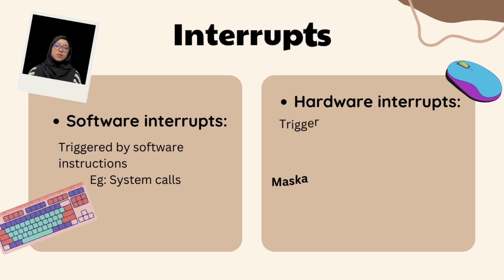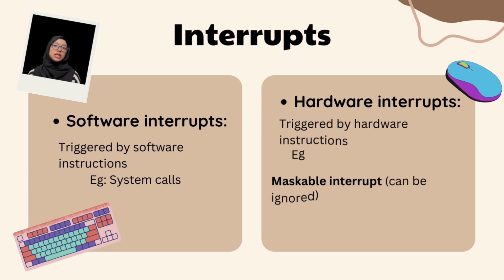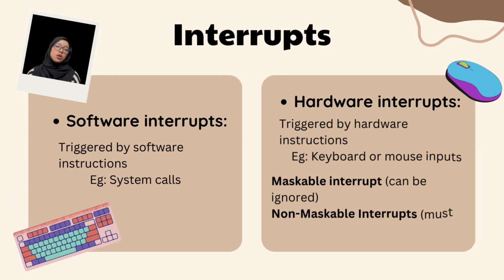Last but not least is interrupt. Basically an interrupt has two types: software interrupts and hardware interrupts. A software interrupt is something triggered by a software instruction, something like a system call. A system call is something that could trigger a software interrupt.